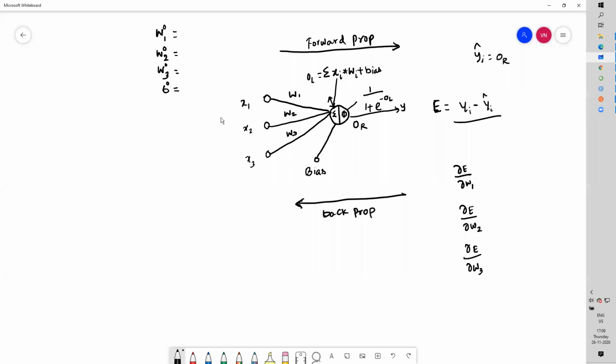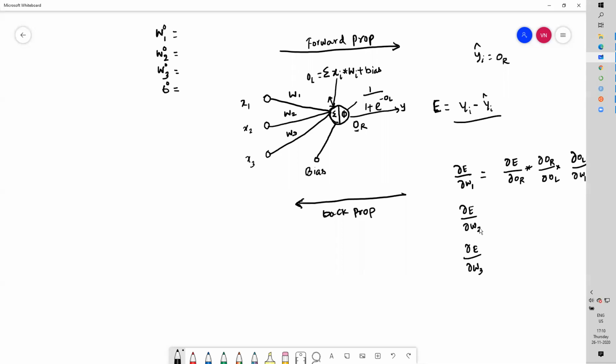Once we find these three gradients, we are going to do it like this: dou E with respect to dou OR, output of the activation function, into dou OR divided by dou OL, output of the summation function, into dou OL divided by dou W1.